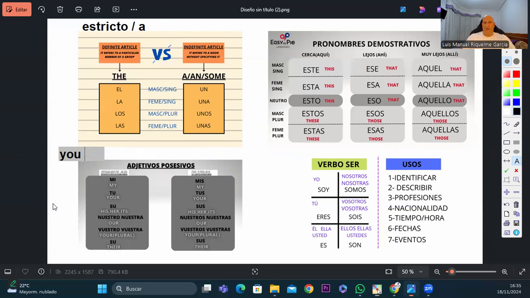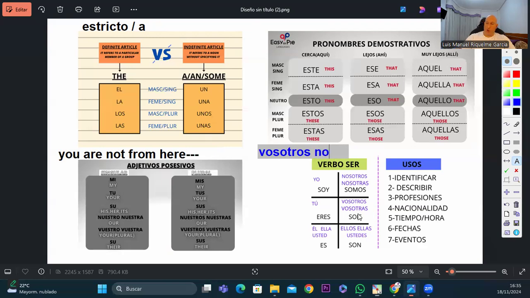You are not from here. Okay, remember I'm talking to 2 or 3 people. So that you is a vosotros. It's a you plural. Vosotros are not. You have to use sois, but the negative form of that.